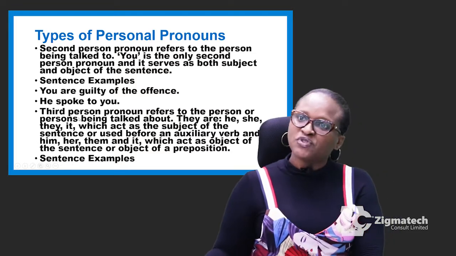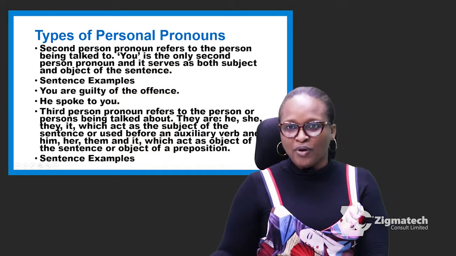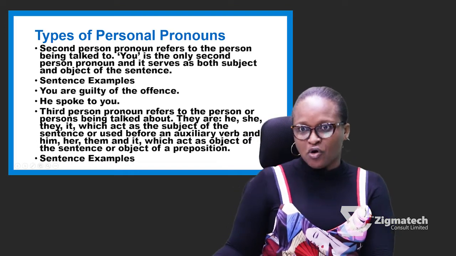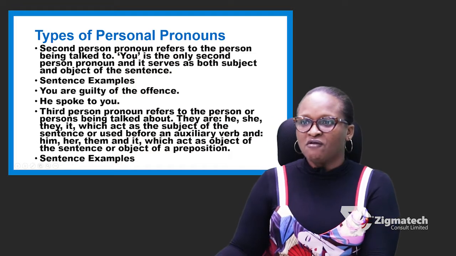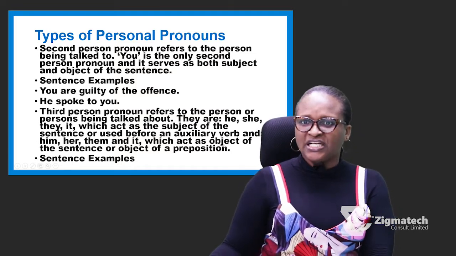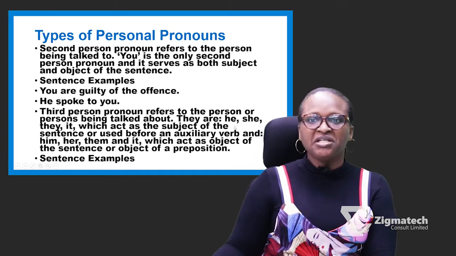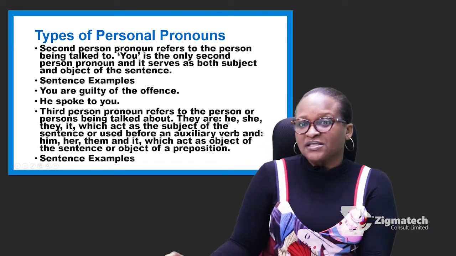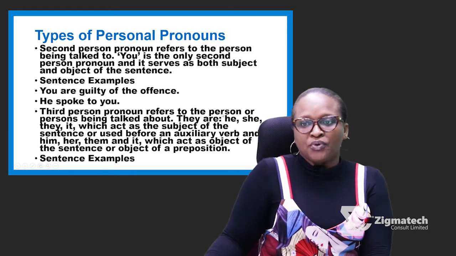Lastly, under the types of personal pronoun, we have the third person pronoun. Third person pronoun stands to be the highest of all the personal pronoun types, and we have about 4 of them. Now it's important that we know that under the subject third person pronoun, we have he, she, they, and it, which act as the subject of the sentence, just like we have in the other personal pronoun types.